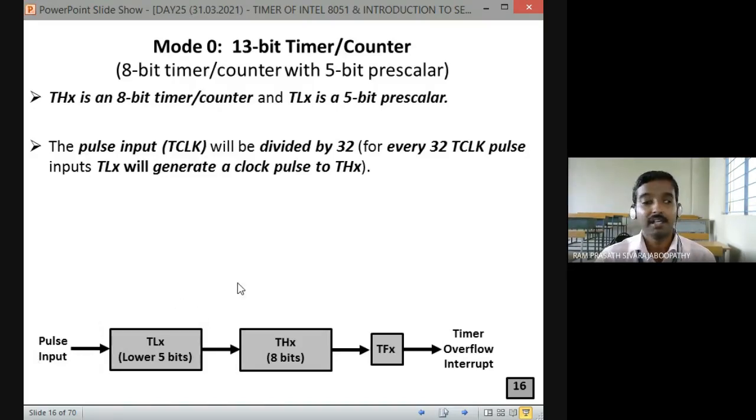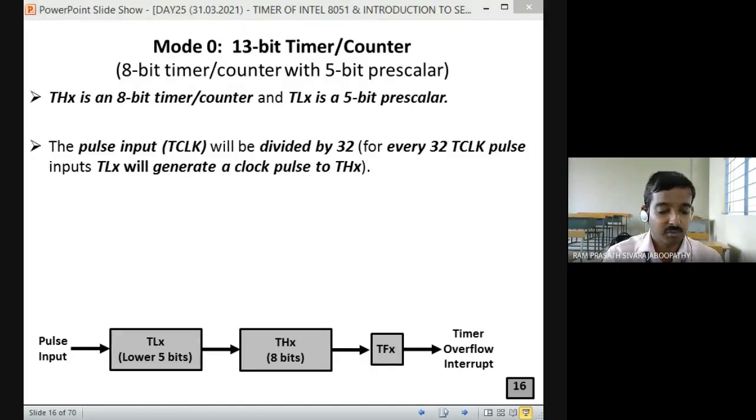That means FOSC divided by 12 divided by 32. What is the frequency we are getting into THX now? The frequency getting to THX is FOSC divided by 12, which is again divided by 32. In simple words, we can say 12 into 32. Like this also I can write.